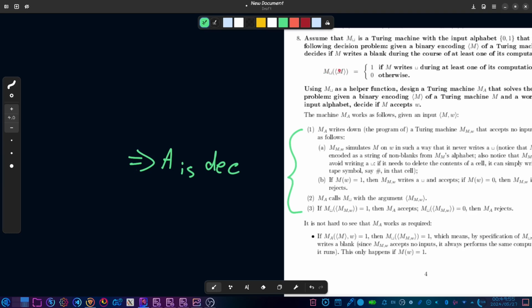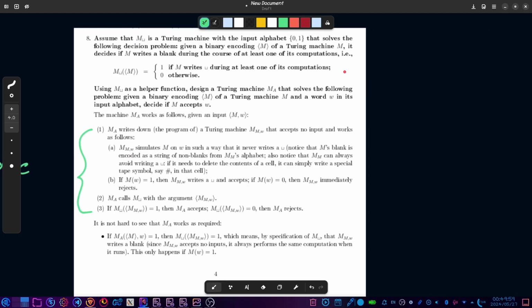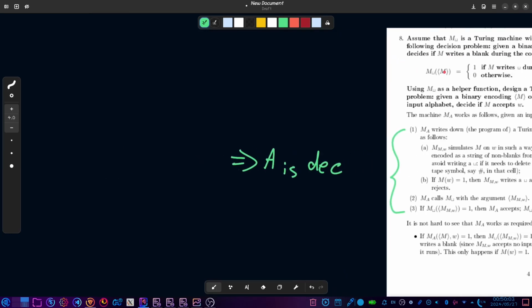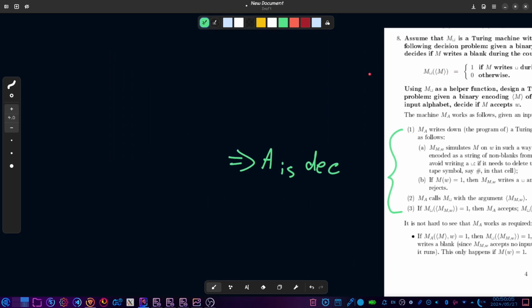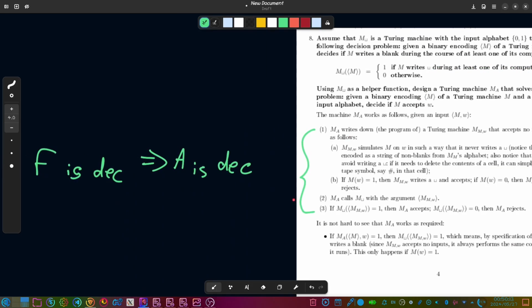Let's give this Turing machine's language a name. We'll call it F, the language that this Turing machine supposedly decides. F is decidable.